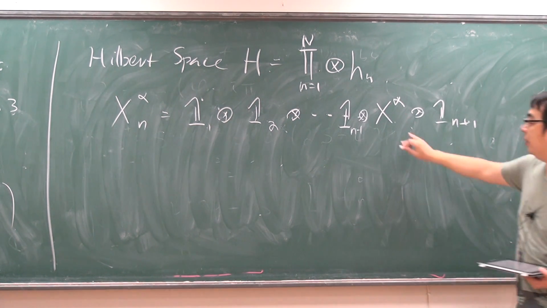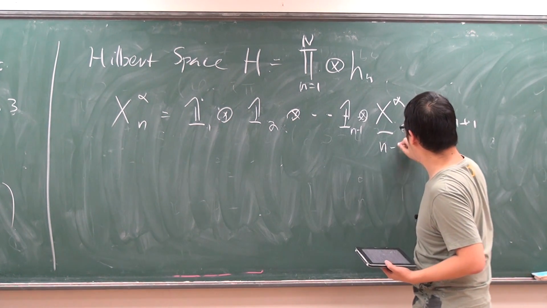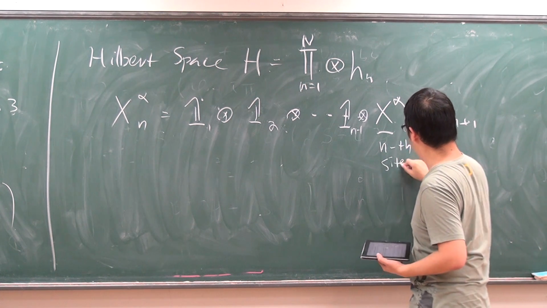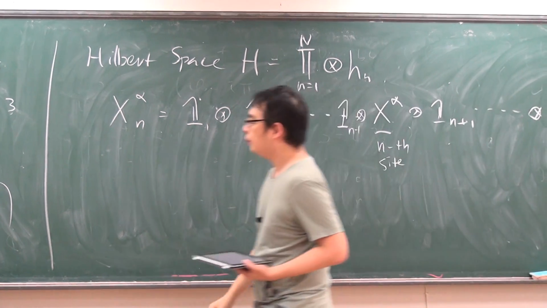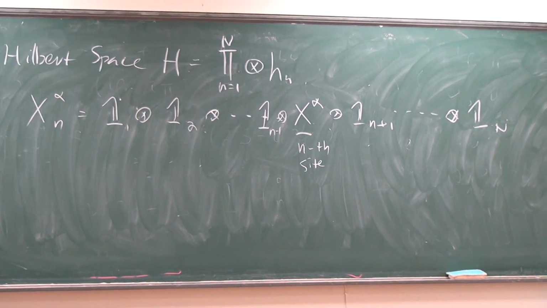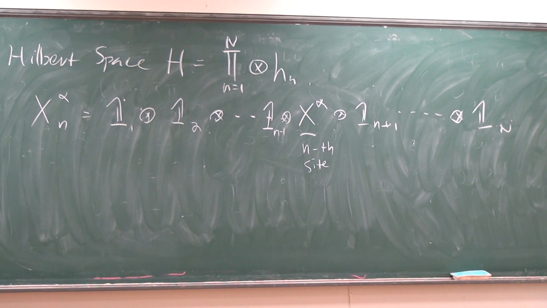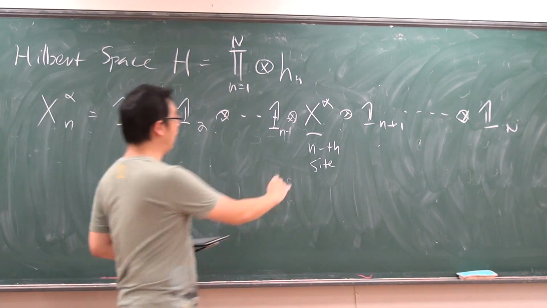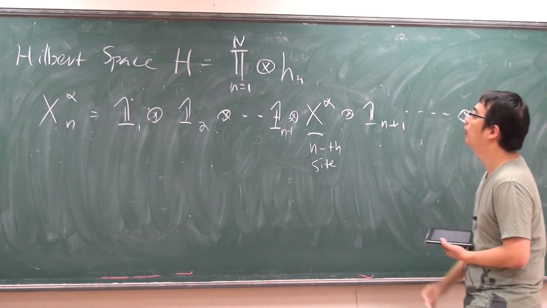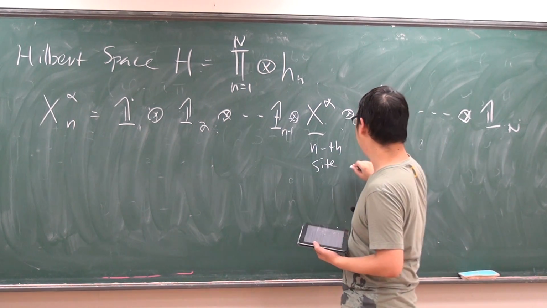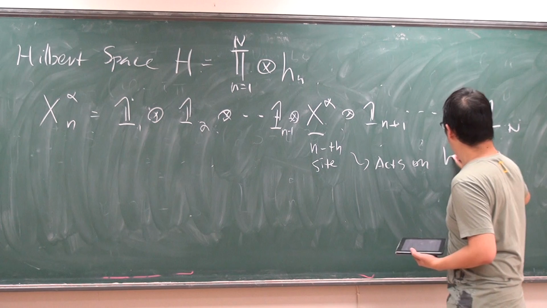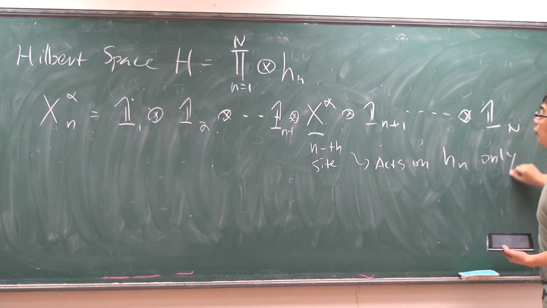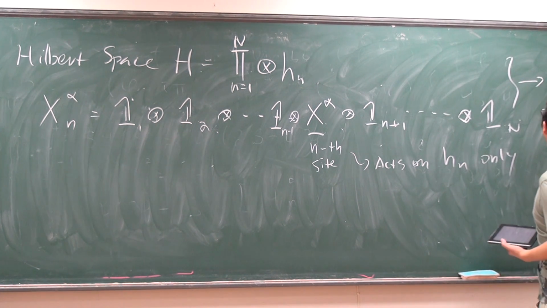Only act non-trivially at the n site. Okay? So it really only acts on this particular spin, or on a particular Hilbert space Hn. Only. Of course, this is only true for that ultra-local case.